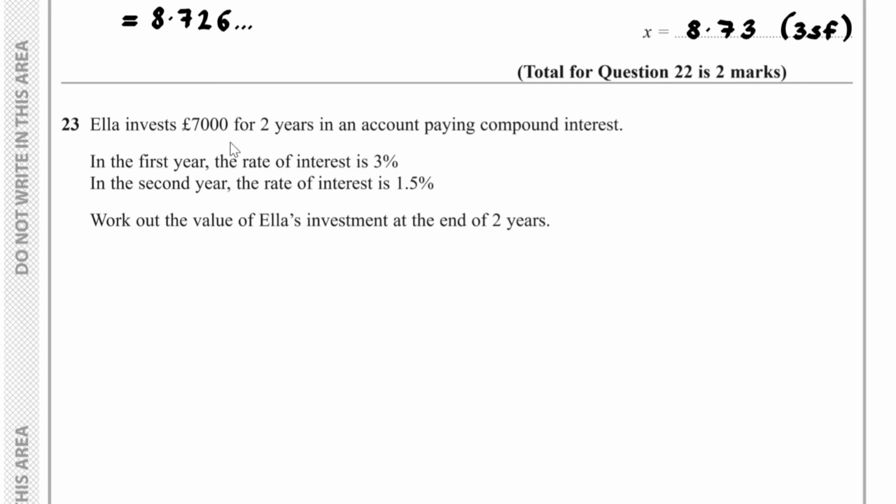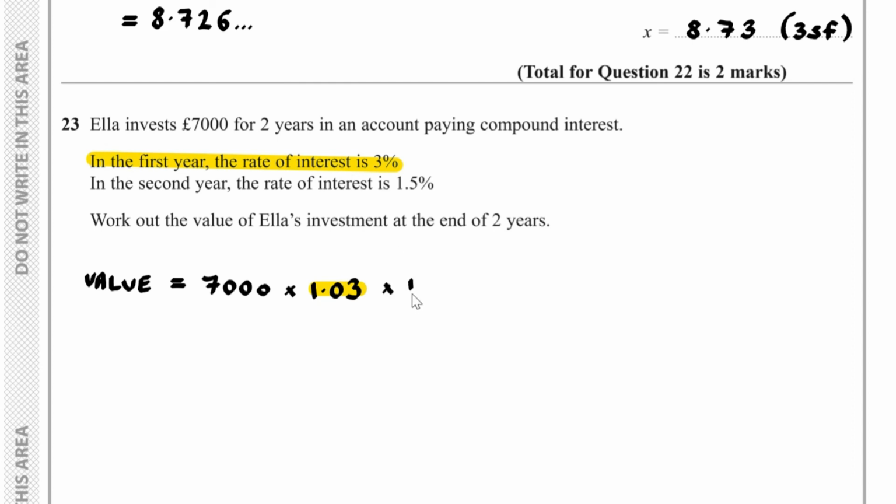Question number 23. Ella invests £7,000 for 2 years in an account paying compound interest. In the first year, the rate of interest is 3%. In the second year, the rate of interest is 1.5%. We have to work out the value of Ella's investment at the end of the 2 years. Well, the value is equal to, well, we invest £7,000. In the first year, we've got interest at 3%. So we multiply by 1.03. So this is the interest in the first year.